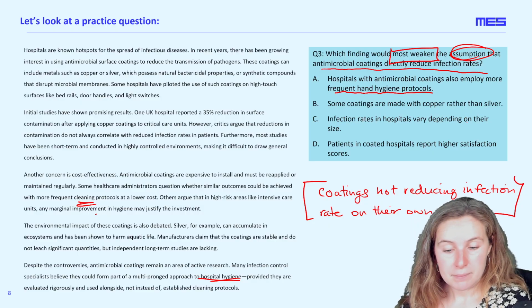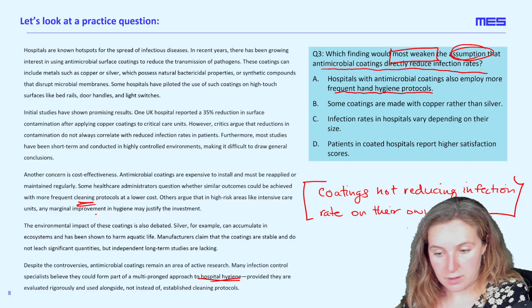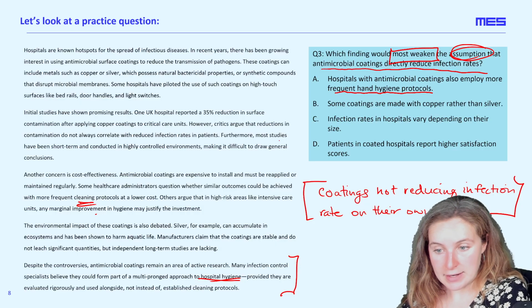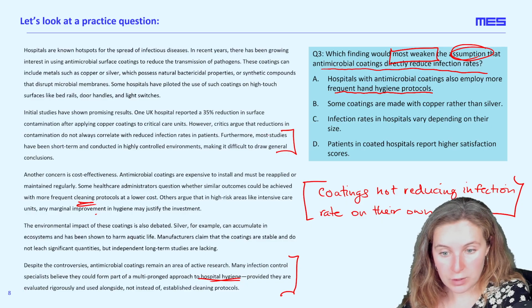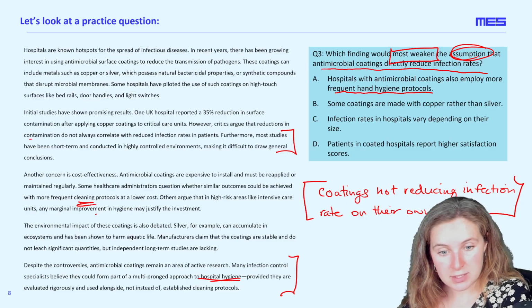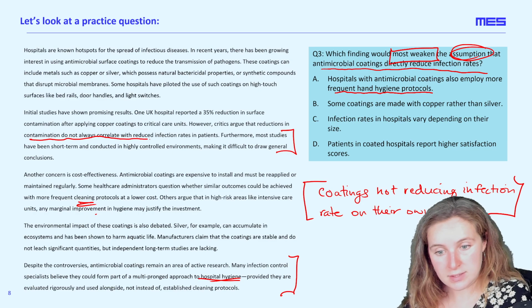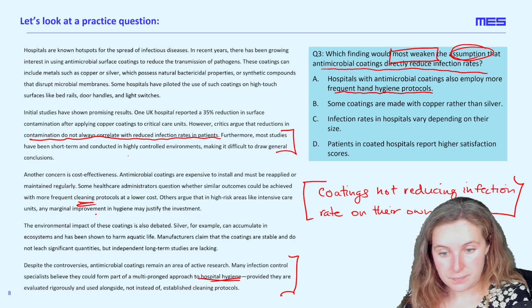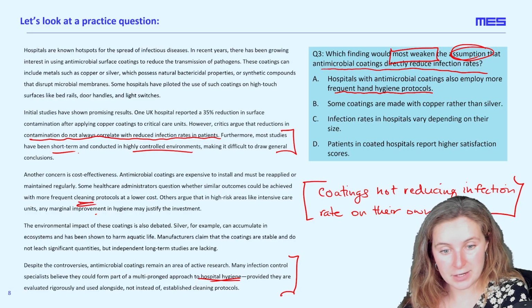Possibly, right? Because a lot of the experts here are saying that they need to be taken in tandem. And here as well, when we were talking about the study in which it was reduced, the reductions in contamination are not always to do with the reduced infection rates, because they're in highly controlled environments and they're short term.